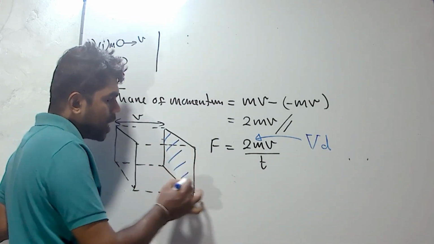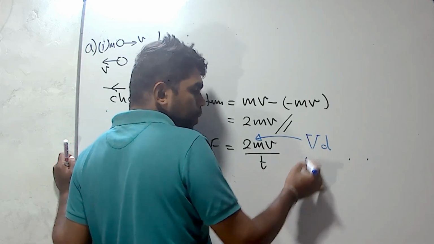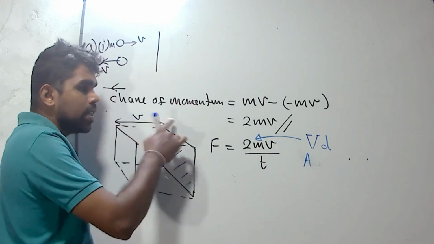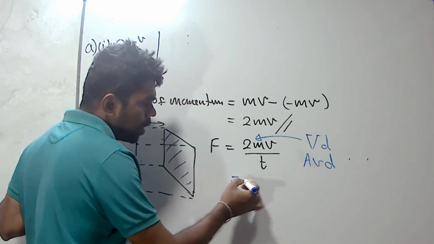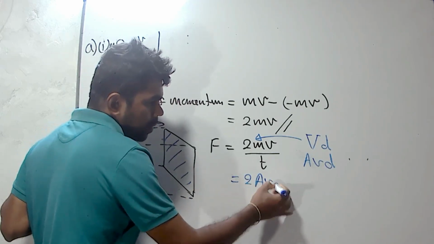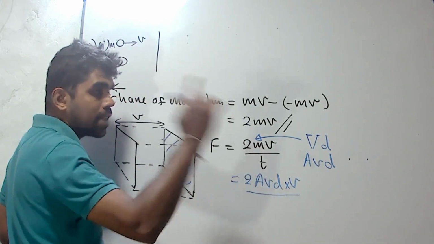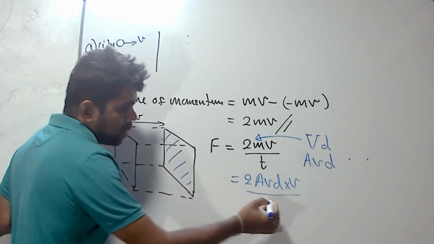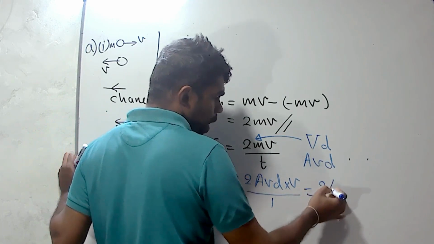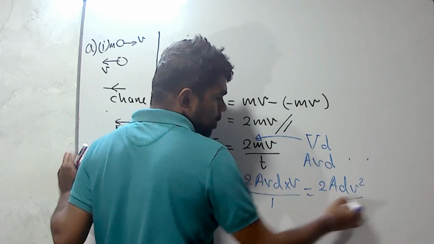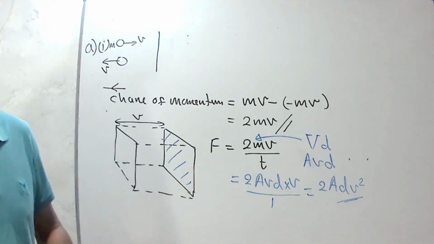This cross-sectional area is given as A. Then volume is A times the length of this cuboid, v. Then we can substitute 2Avd times v. Now we have considered the air mass per 1 second, therefore time should be 1. Then we can obtain 2Adv squared as the force on the board.